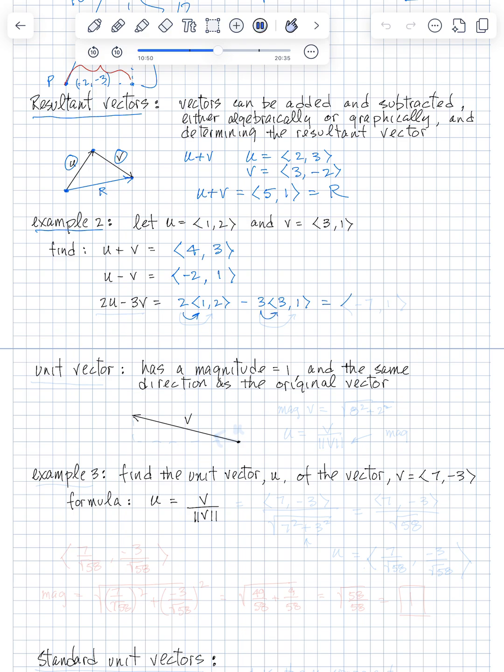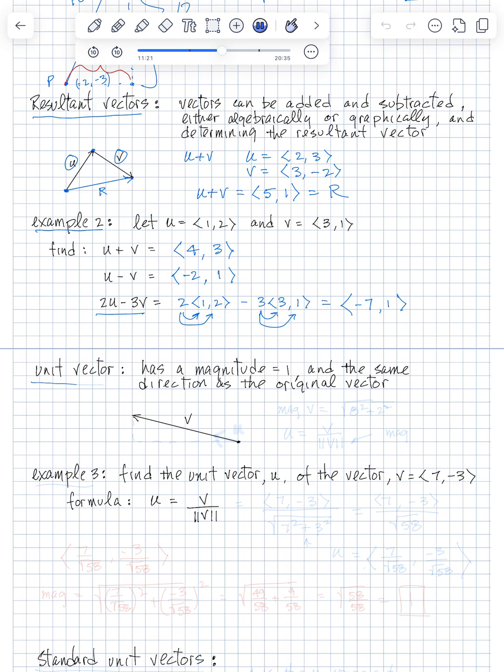So we get 2 minus 9 is a minus 7. And then we have the 2 times 2 is 4, minus 3 times 1 is 3. So 4 minus 3 is 1. So this is 2u minus 3v.